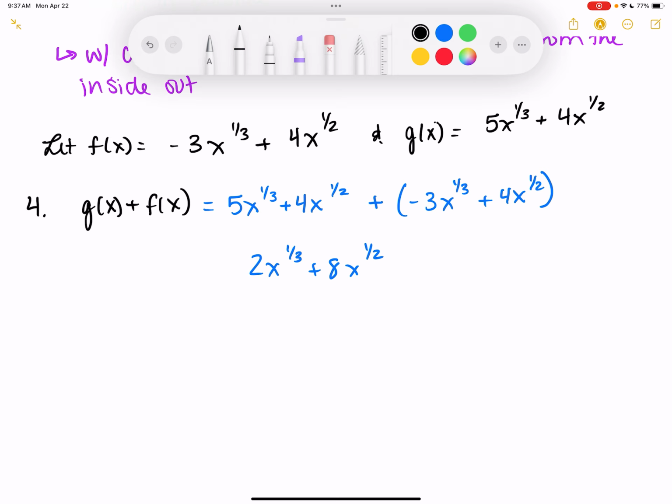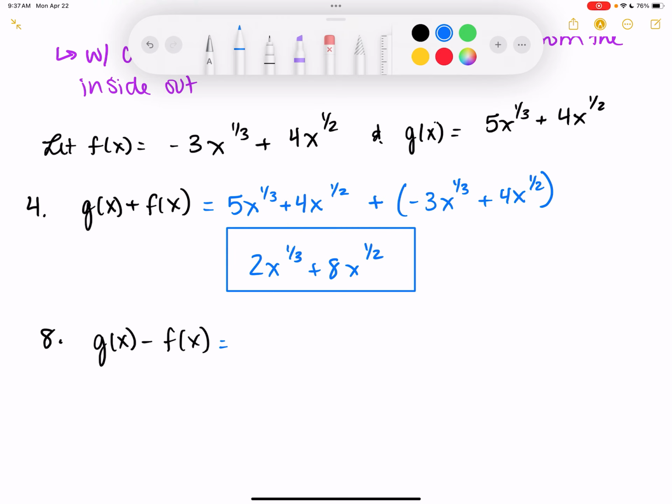Number 8, g(x) minus f(x). With this one, I need to pay attention to signs because it's a minus. So I've got 5x^(1/3) plus 4x^(1/2) minus, then in parentheses, negative 3x^(1/3) plus 4x^(1/2).